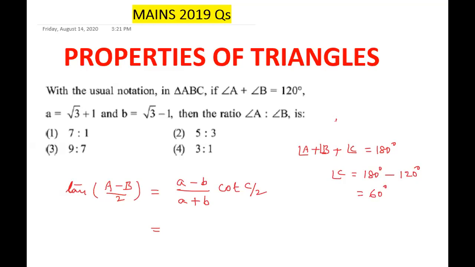We get angle A minus angle B: tan of (A minus B) by 2 is equal to (root 3 plus 1 minus root 3 plus 1) divided by (root 3 plus 1 plus root 3 minus 1) into cot C by 2. Angle C is 60, so C by 2 means 30 degrees.